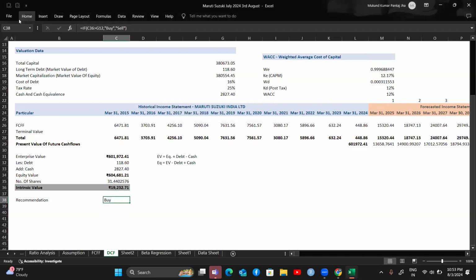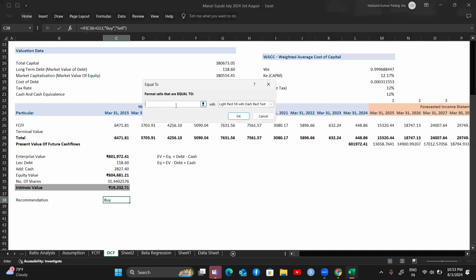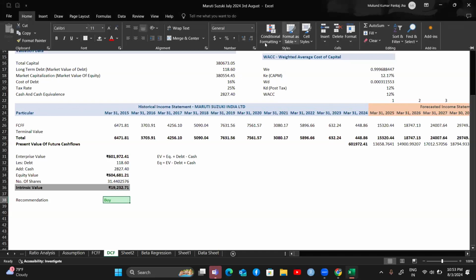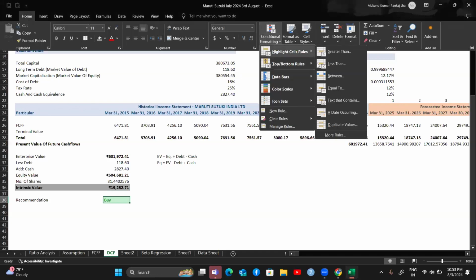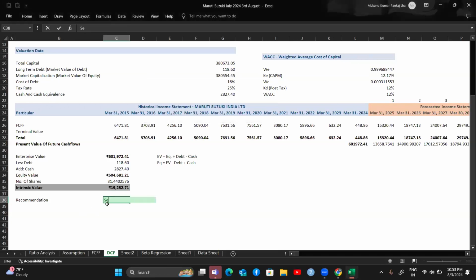Okay, just give me a second. Conditional formatting, highlight cell rules, equal to, green color. If the same, cell rules equal to, then we would want red color. Perfect.